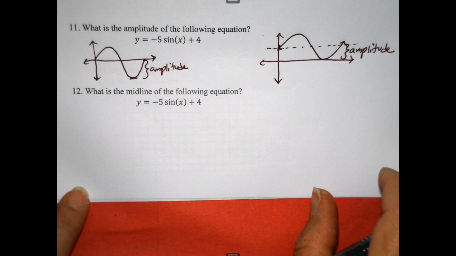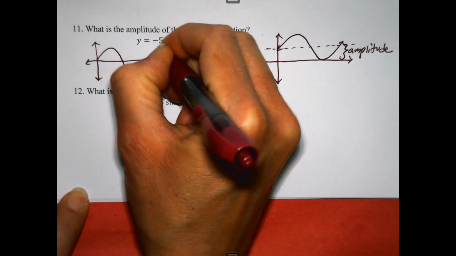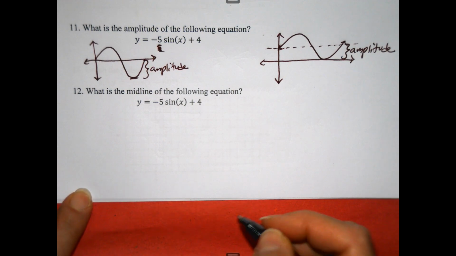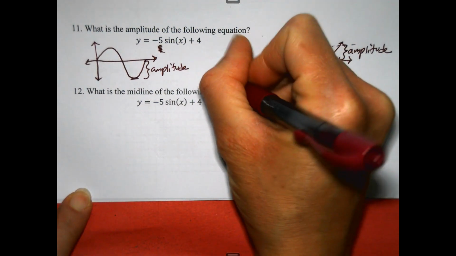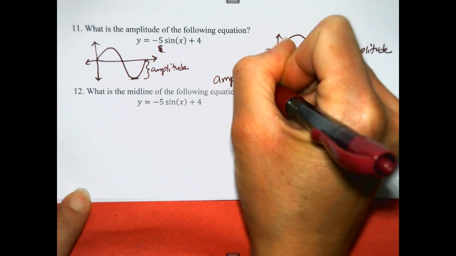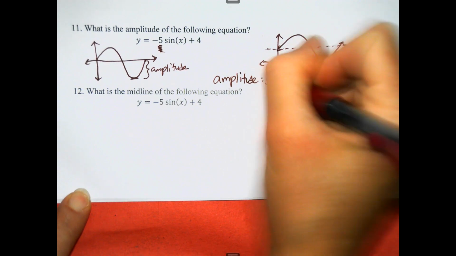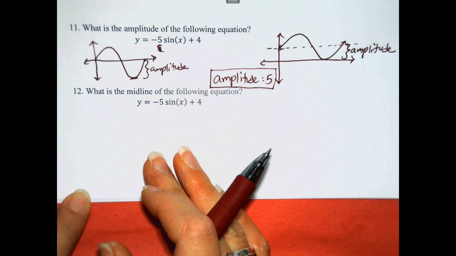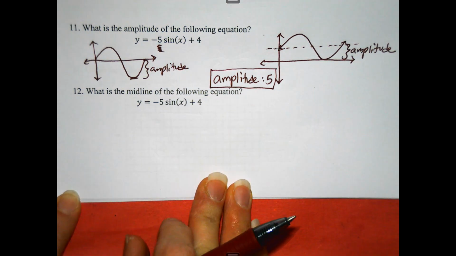Since amplitude is a distance, amplitude is always positive, and it's based on our A value. Therefore, for this problem, our amplitude is going to be 5. It is not -5 because amplitude is distance, therefore it's +5.